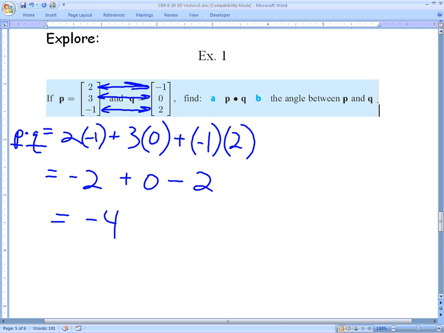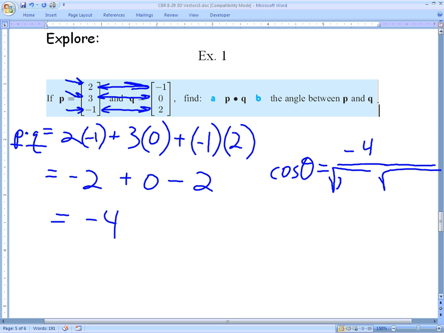Now when I go to my angle formula, I've got cosine of the angle is equal to the dot product, and I already know the dot product is negative 4, all divided by the magnitude of each of these vectors. I'll extend my division bar. And for magnitude, I take each of the components in the first vector and square them.